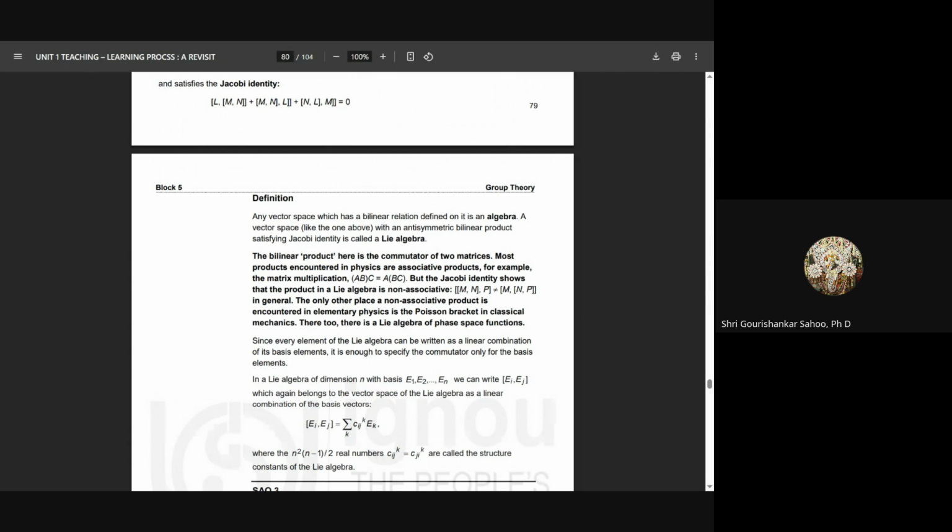The only other place a non-associative product is encountered in elementary physics is the Poisson bracket in classical mechanics, and there it is a Lie algebra of phase space functions.